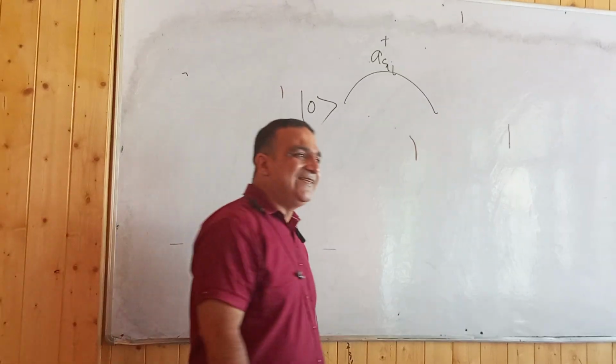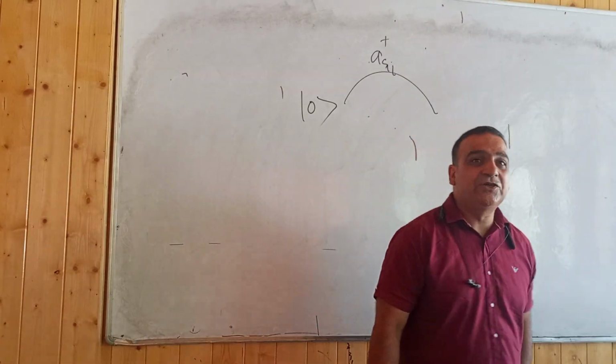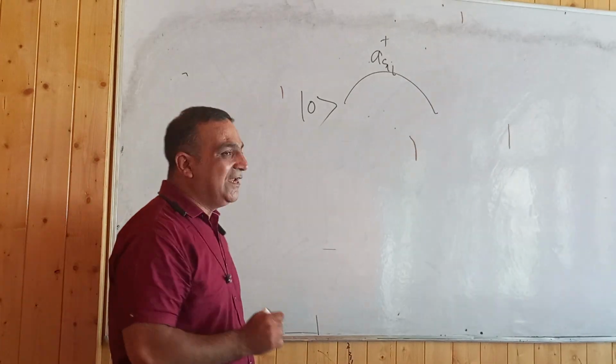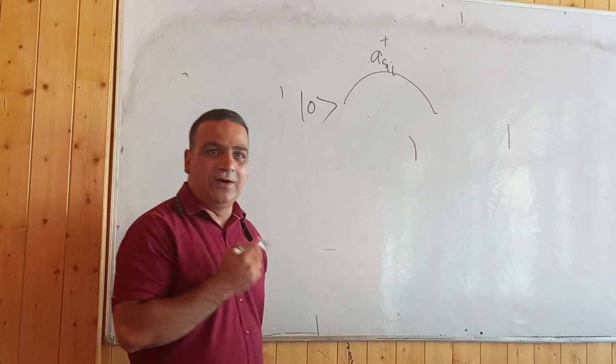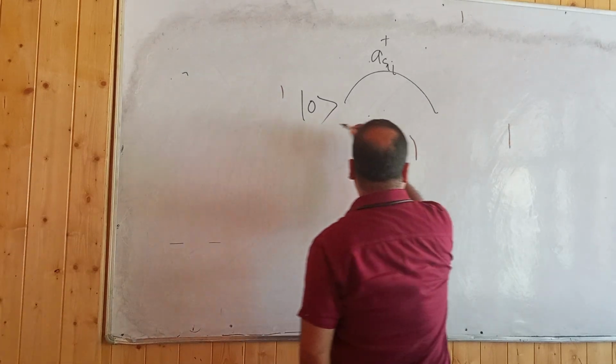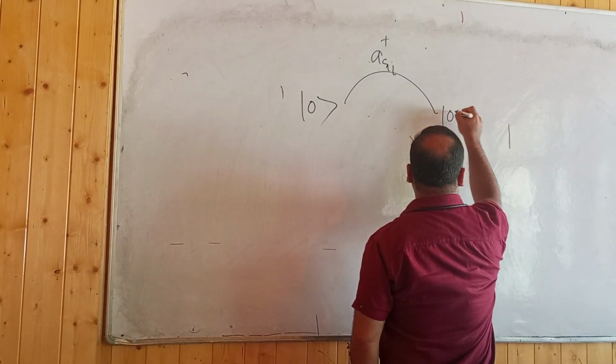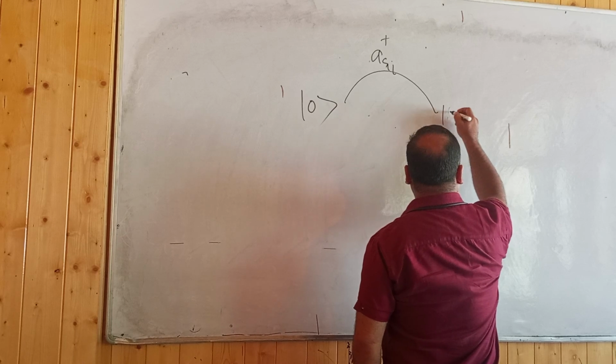Now what is a_i dagger? It's a creation operator. What will it do? It will add a particle to the quantum state. So this vacuum state will turn into a state with one particle in it.